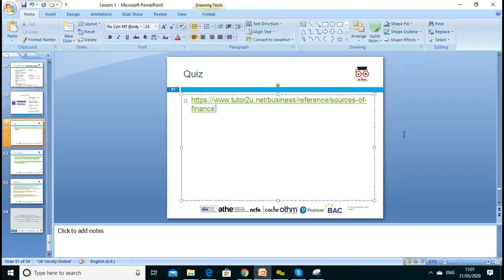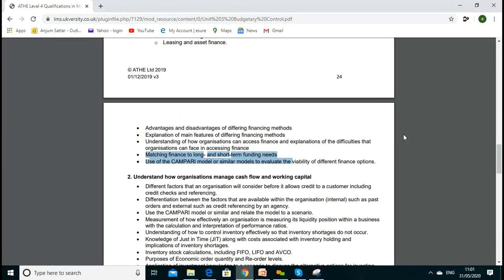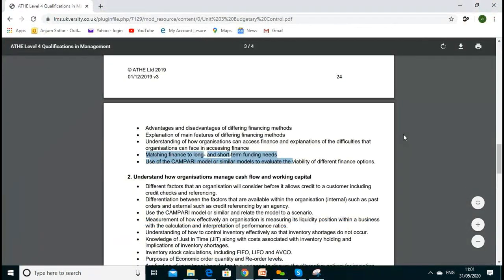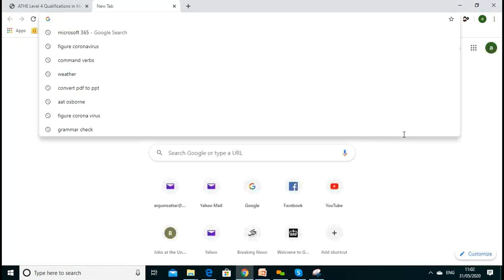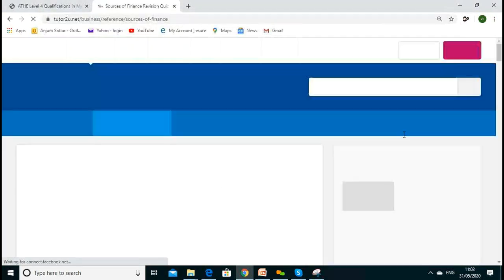It's quite good to do the quiz. What you can do is copy this link and just go through from here and play with this quiz.